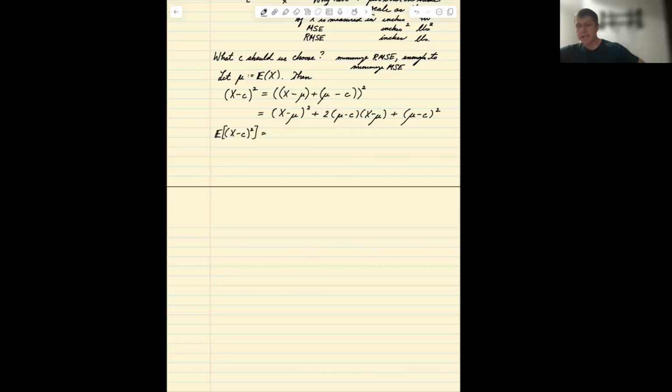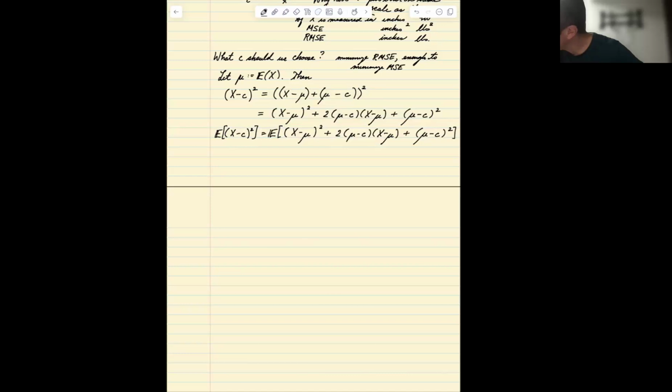So we take the expectation on the left, we take the expectation on the right. Now, the first thing is we have this quantity here, which we need to take the expectation of.